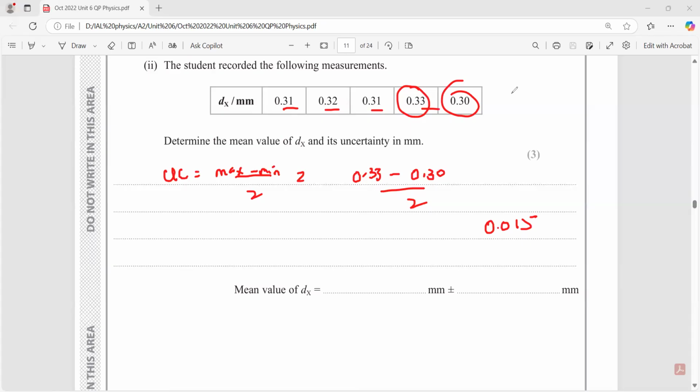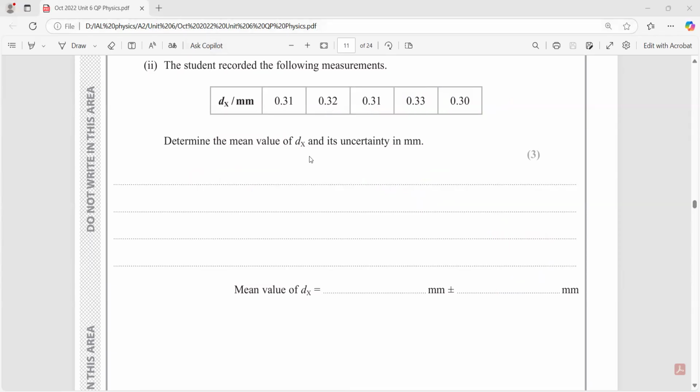Let's say if one of the values was 0.301, I will represent it in two decimal places, so I have to round off. That's why I will write 0.02. Is it clear? It's very important that you look at the result data which is given. If it is given to two decimal places, your uncertainty should also be in two decimal places.